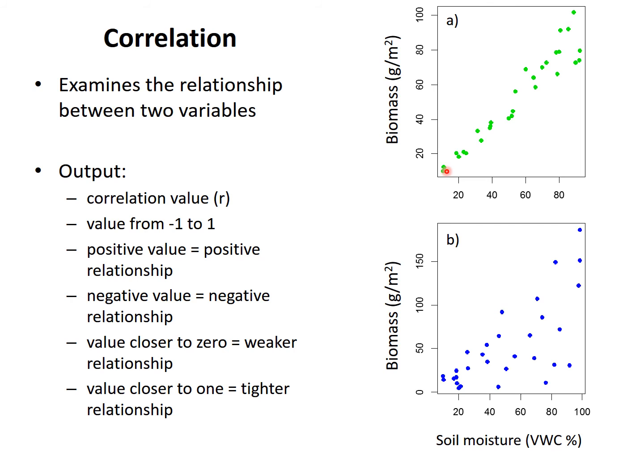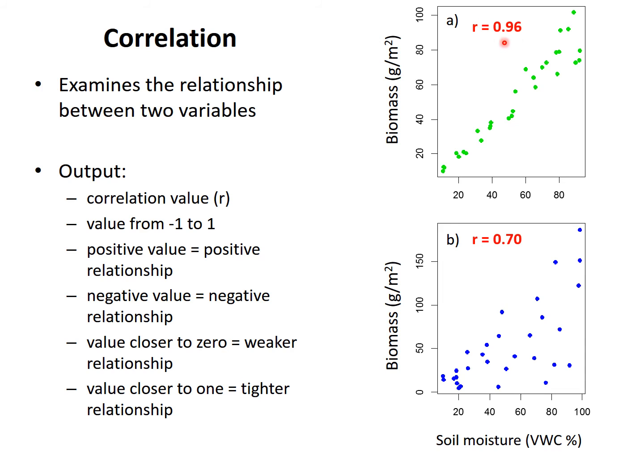Now, the magnitude of R, the closer it is to 0, the weaker the relationship. Okay, and the closer to 1, the tighter the relationship. So in our two graphs on the right hand side, you can see this. An R value that's very close to 1, suggesting it's a positive relationship here.